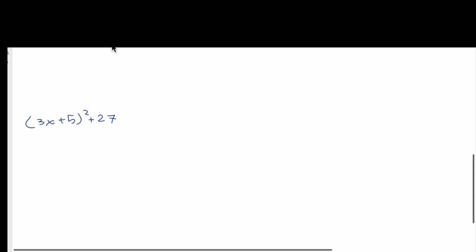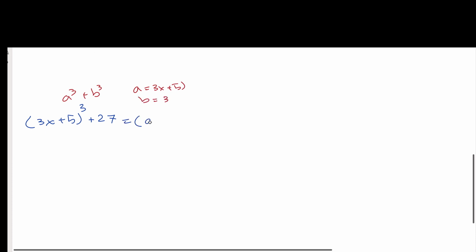This also looks awfully like something we know, and oh, sorry, I copied it wrong. It's supposed to be x cubed. So this looks like something I know, and that is basically a cubed plus b cubed, or sum of the cubes. And now a being 3x plus 5 and b being 3.